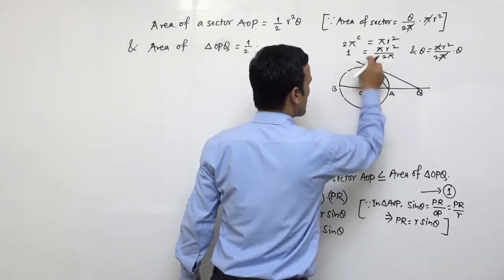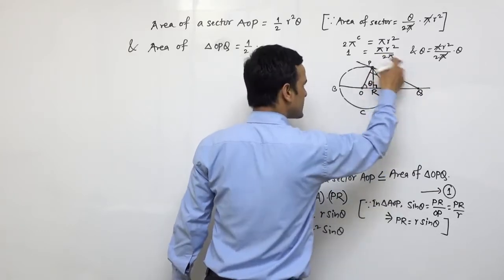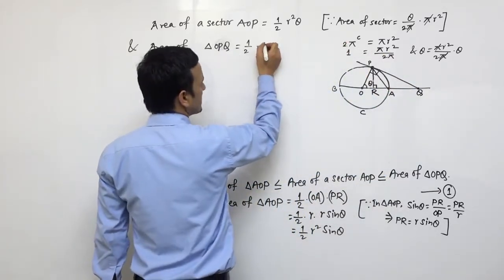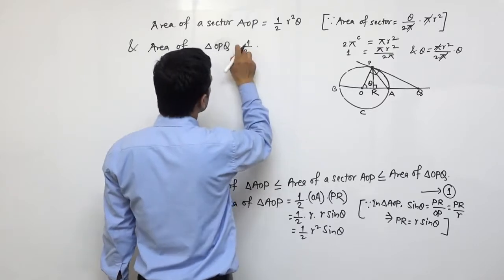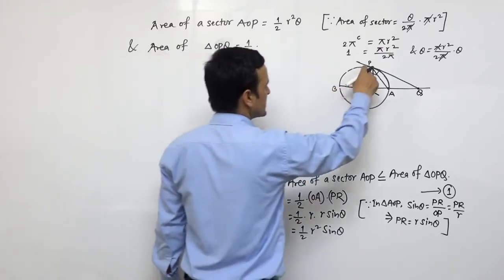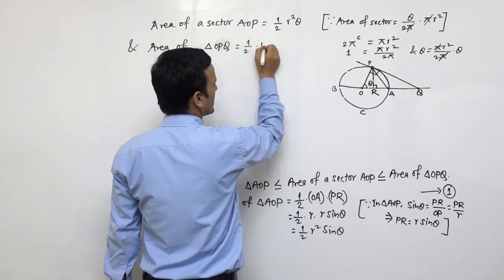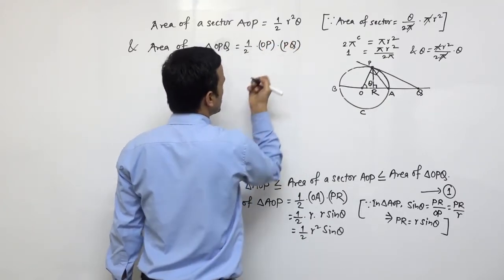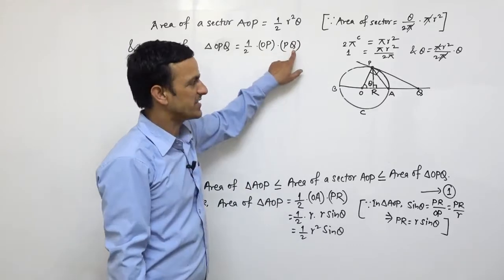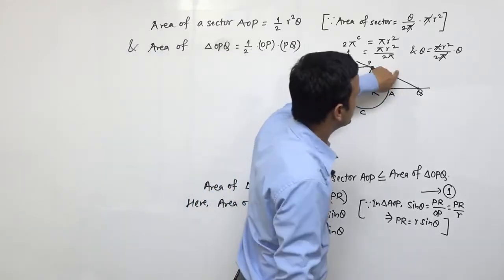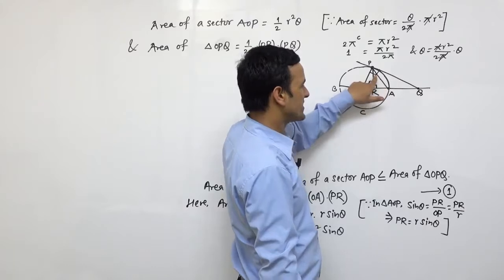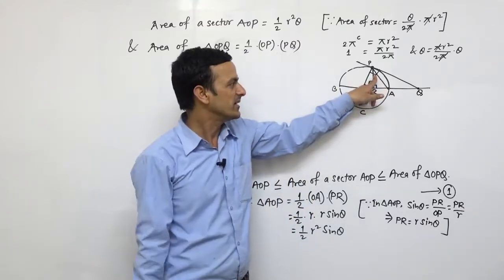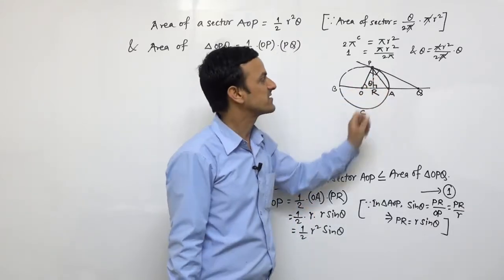This triangle OPQ has a 90 degree angle. The base is OP and the height is PQ. So for this triangle, this is the base, this is the height. The side opposite the right angle is the hypotenuse, not the height.